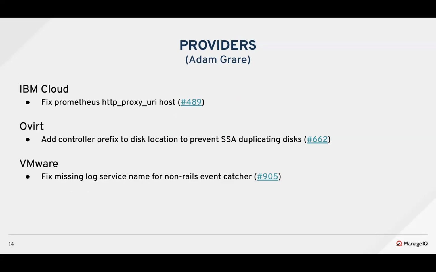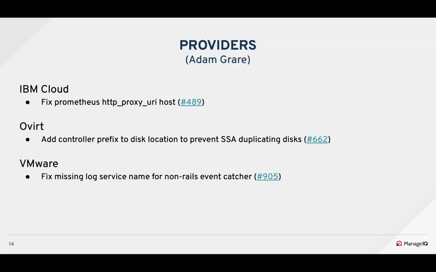What we found was when you ran a SmartState scan on RHV, it was duplicating the disks for every VM because you were getting a disk with, for example, location 0, which was created by refresh, and then location 0:0, which was created by SmartState. So by updating refresh to match what SmartState is creating, we were able to fix that problem of duplicating disks. And now SmartState is updating the existing disk records.